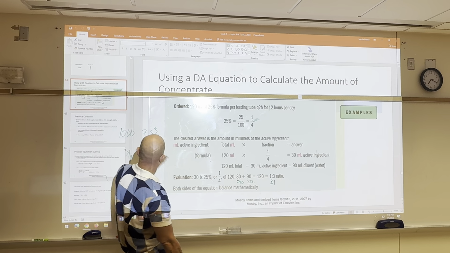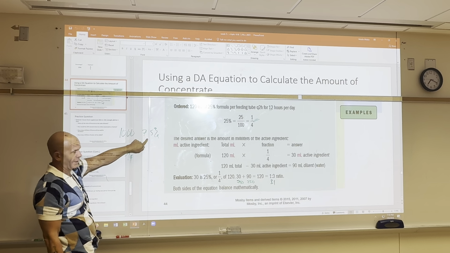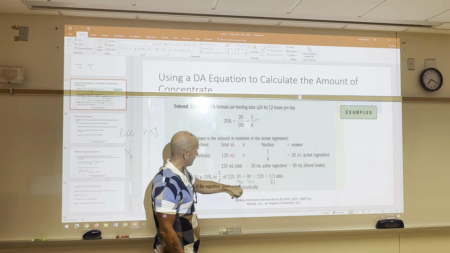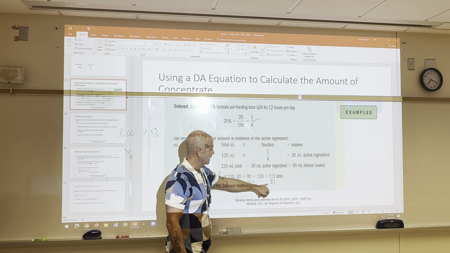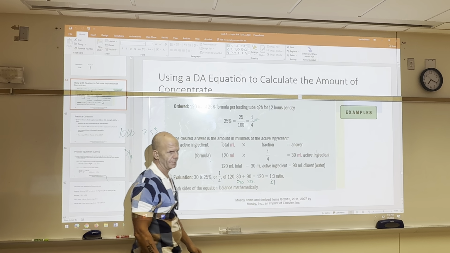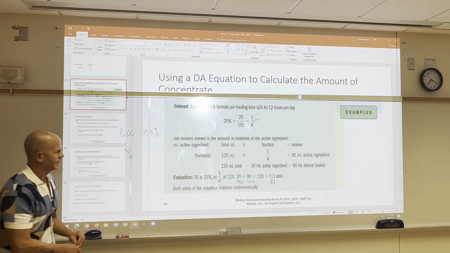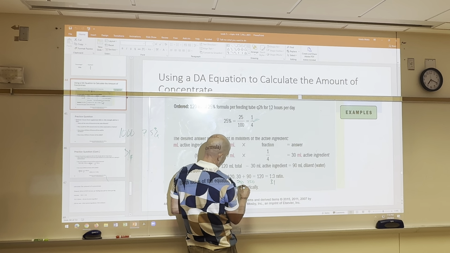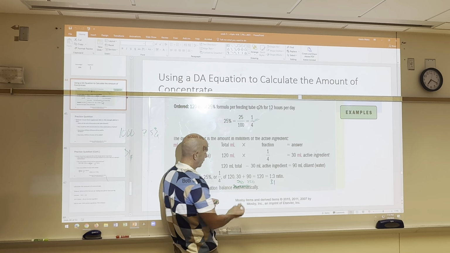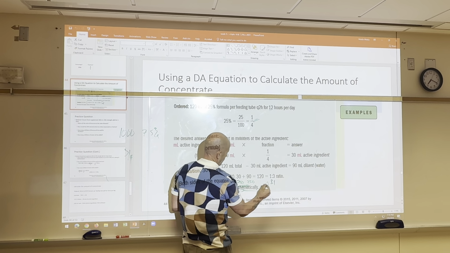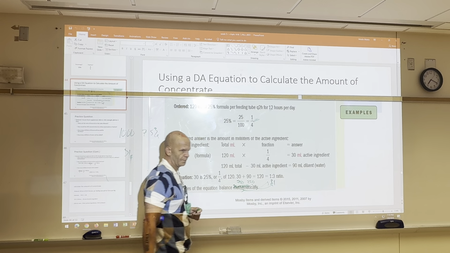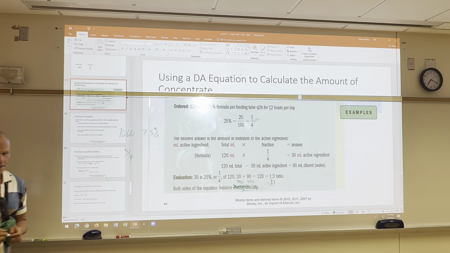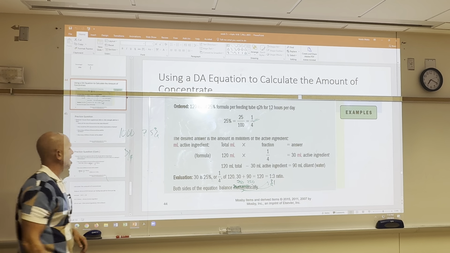Well, this one has 75% active ingredient. So this one's going to be 750 plus 250 dilutant gives you a 3-to-1 ratio, right? 250 plus 250 plus 250 is your 3. 250 to 1.